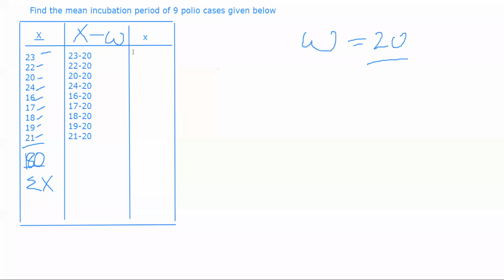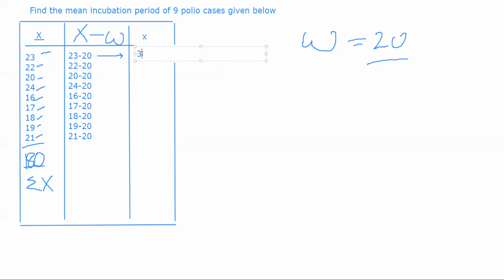So what value will you get from this? So you get 3. So this is basically this. Okay. 23 minus 20 को मैं यहाँ पर लिख रहा हूँ, ठीक है, which is represented by small x. Now that small x is equal to 3 for 23 minus 20. मतलब first observation का deviation from assumed mean was 3. आप assume करें एक mean is 20.